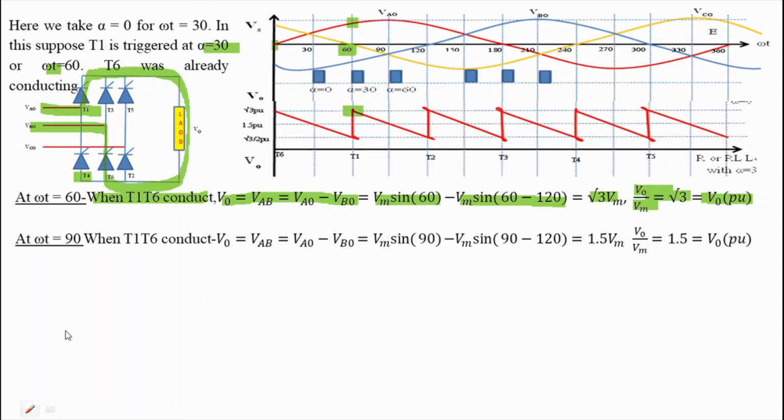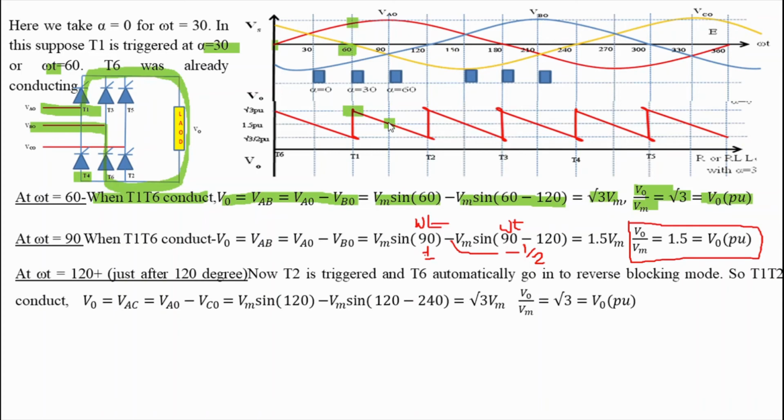Here we put omega t equal to 90 degree. So on solving this we get 1.5 Vm, because sin 90 is 1 and sin minus 30 is minus 1 by 2. So we will get 1 plus 0.5, that is 1.5 Vm. This minus minus is plus. So in terms of per unit we can write V0 by Vm is equal to 1.5 per unit. So here we can see that we get 1.5 per unit for omega t equal to 90 degree.